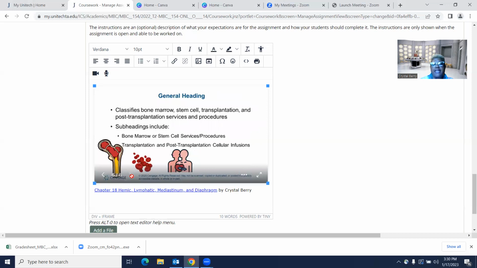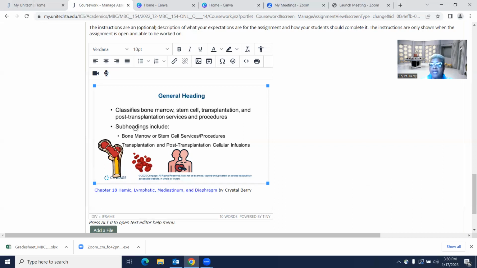Next, the general heading classifies bone marrow. This is a picture showing you the bone marrow, and here are the stem cells. Transplantation is how they transplant from one person to another, along with post-transplantation services and procedures.